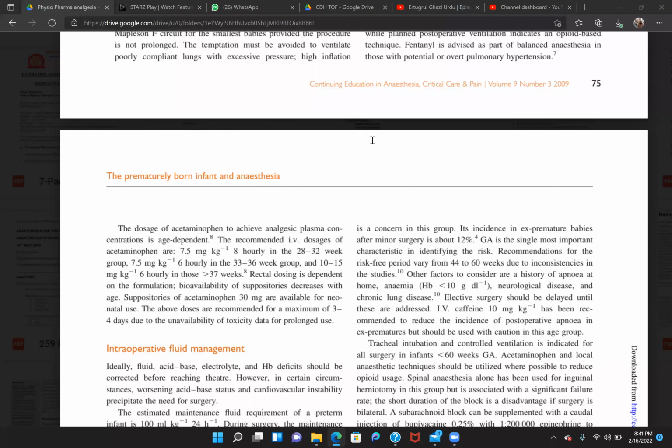For example, if the baby is 3 kg, 6 milligram is the safe dose, so you have to calculate it. If you are using 0.25%, how many mils can you use maximum? You will use only 2.5 mils.